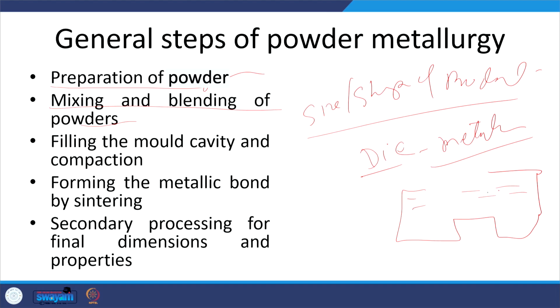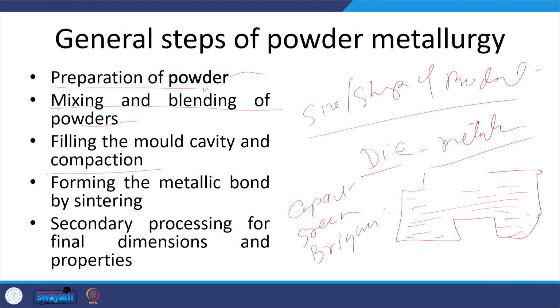In this die we will be filling the powder particles, which will be compacted. So, filling the mold cavity with the powder particle mixture, and then it will be compacted. After compaction we get the semi-processed component, that is called a compact, green compact or briquette.